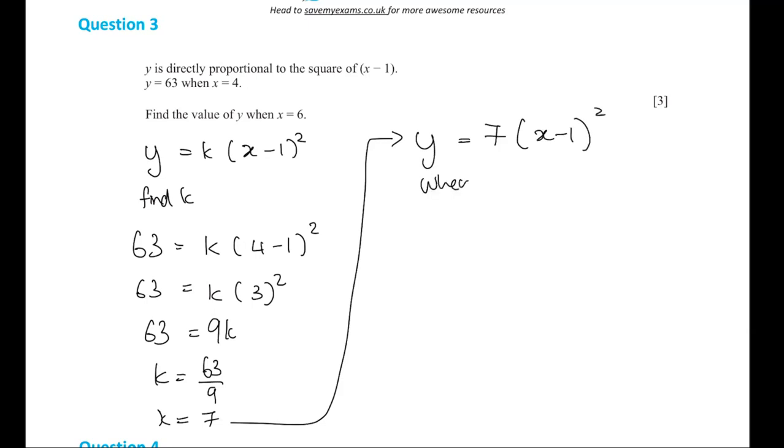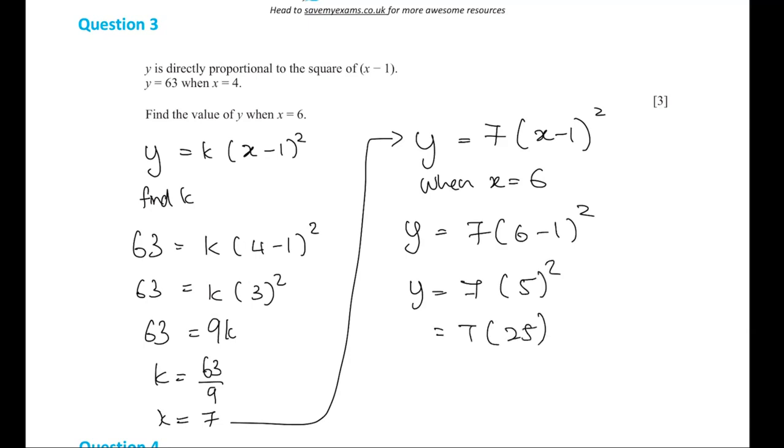When X is equal to 6, Y is equal to 7 times 6 minus 1 squared, 7 times 5 squared, 7 times 25, 175. Right.